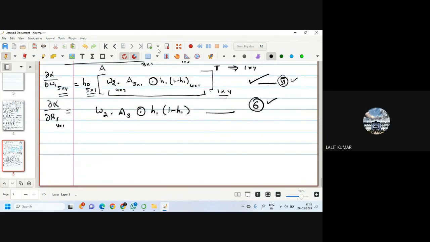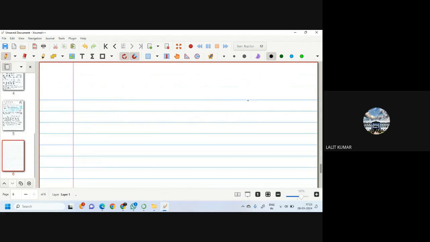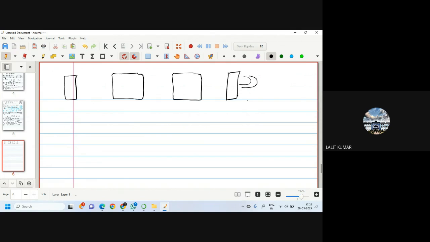If we take a diagrammatic presentation of how the loss is flowing: this is the input. The loss comes here and gets accumulated at A3, with the size of A3.